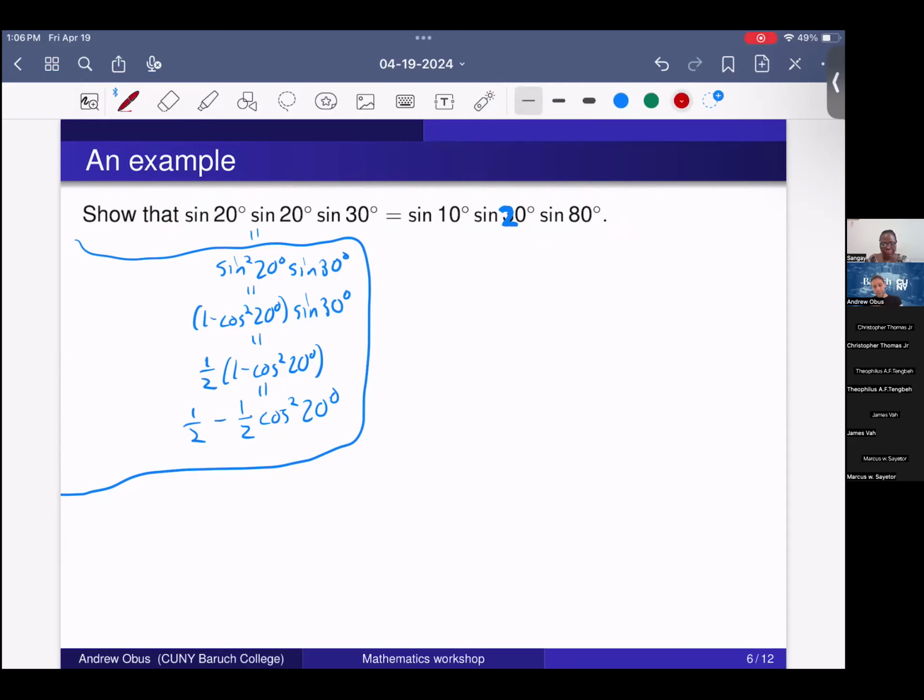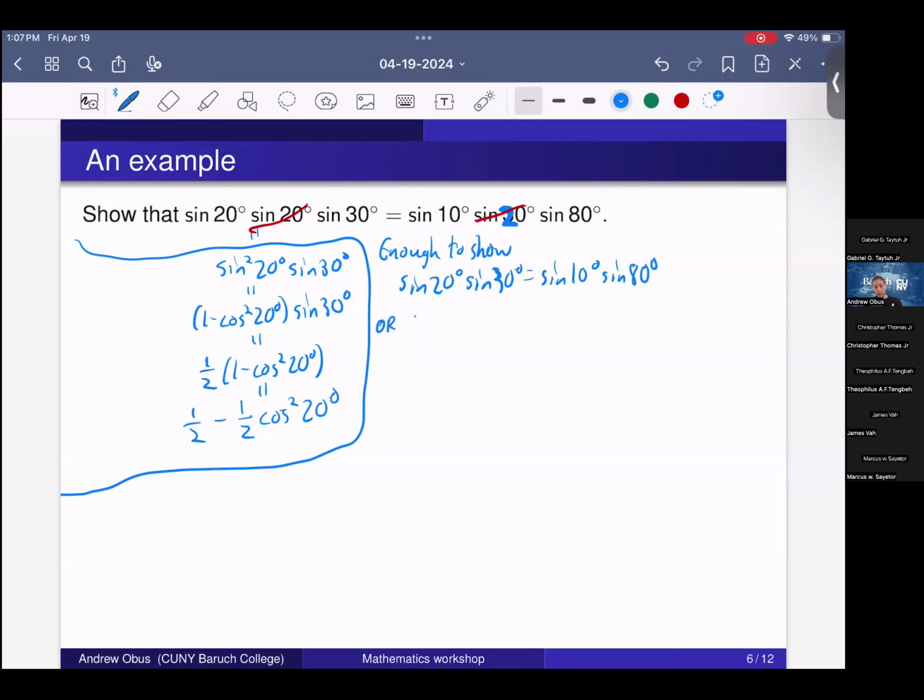We've got a sine 20 degrees on both sides, so why don't we cancel that out? That's just kind of there to distract you. So it's enough to show that sine of 20 degrees times sine of 30 degrees equals sine of 10 degrees times sine of 80 degrees, because we can cancel out the sine of 20 on both sides.